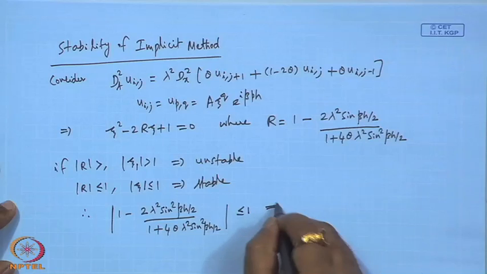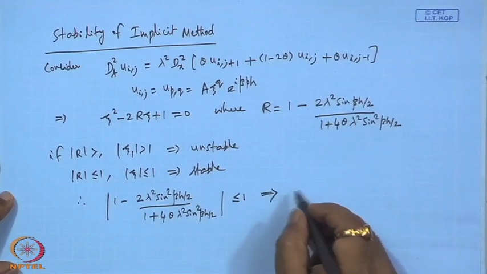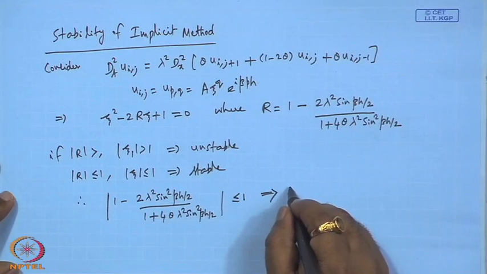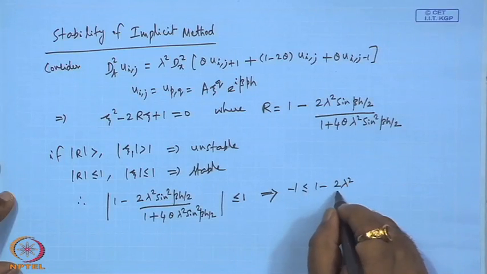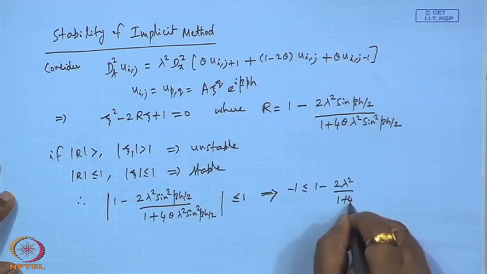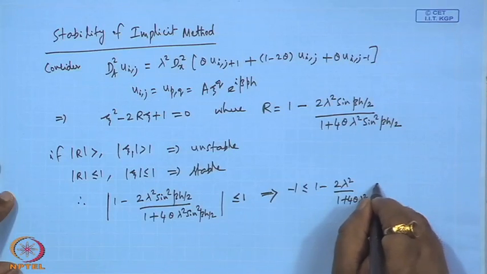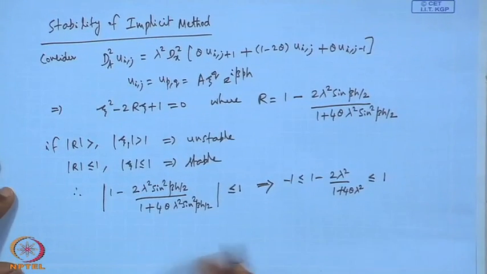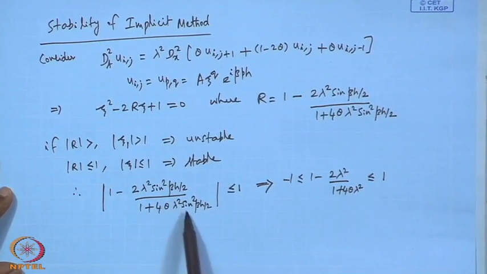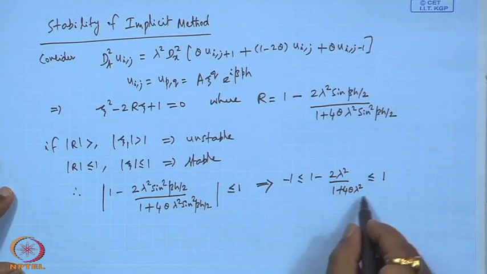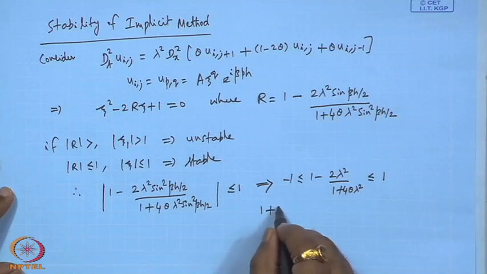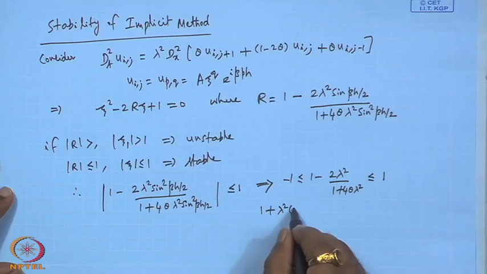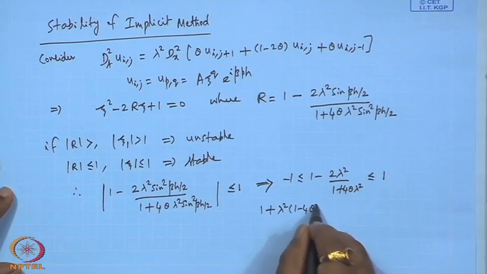So, this implies minus 1 less than 1 minus 2 lambda square, 4 theta lambda square less than 1, okay, because these are sin square beta h by 2. Okay. So, therefore, 1 plus 1 minus 4 theta.